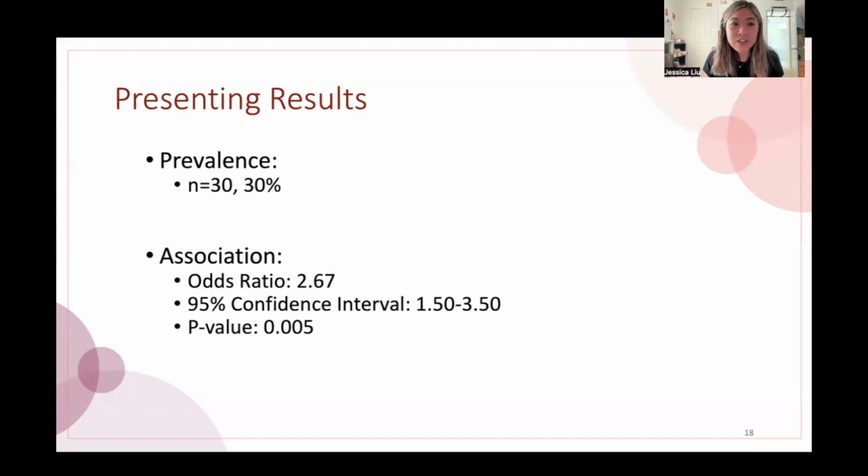And then when showing the associations, it's good to always have the actual estimate, the odds ratio or whatever risk ratio you're showing. In our case, that was 2.67, along with some kind of confidence interval. Again, these are completely made up: 1.5 to 3.5, significant because it doesn't include 1 for an odds ratio. And I made up a p-value. It's always good to display p-values as well. As you can see here, I've chosen a fake p-value that is less than 0.05, meaning that it is statistically significant.